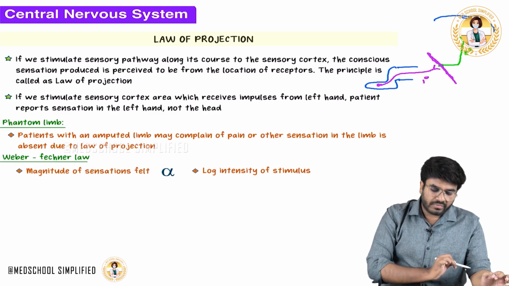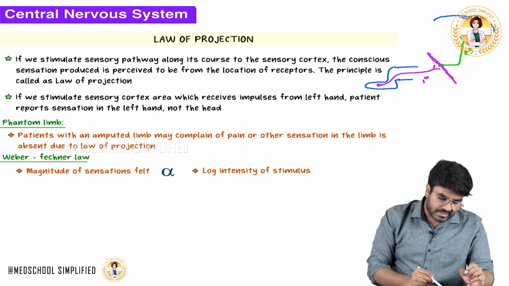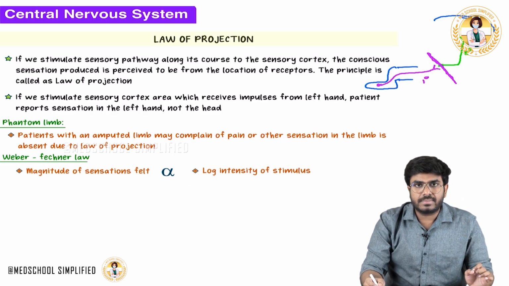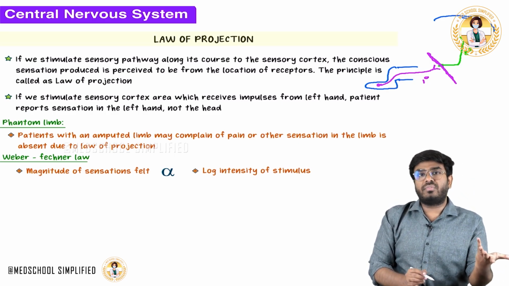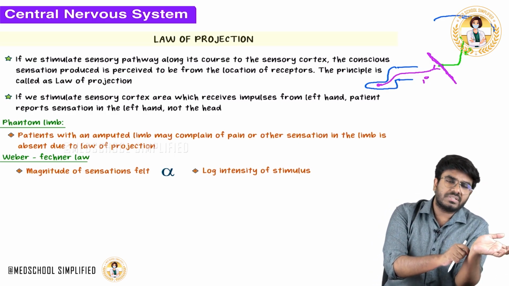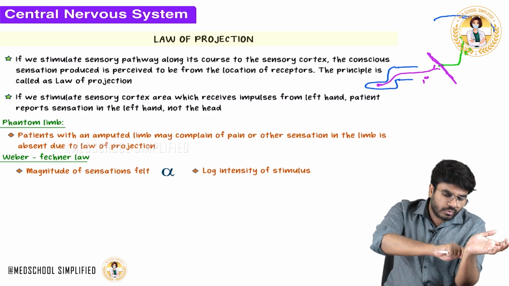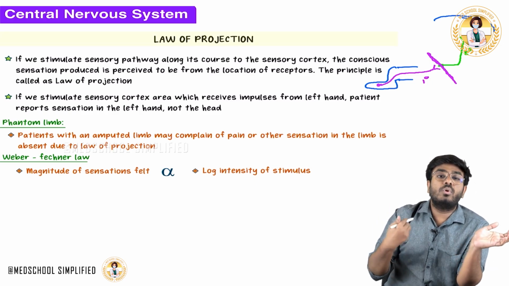Now after this, let's talk about the Weber-Fechner law. What is this law? It says that the magnitude of the sensation felt is directly proportional to the log intensity of the stimulus. The magnitude means how powerfully you are feeling. For example, if someone pinches me, I will feel little sensation. If you pinch me harder, I will feel more sensation.